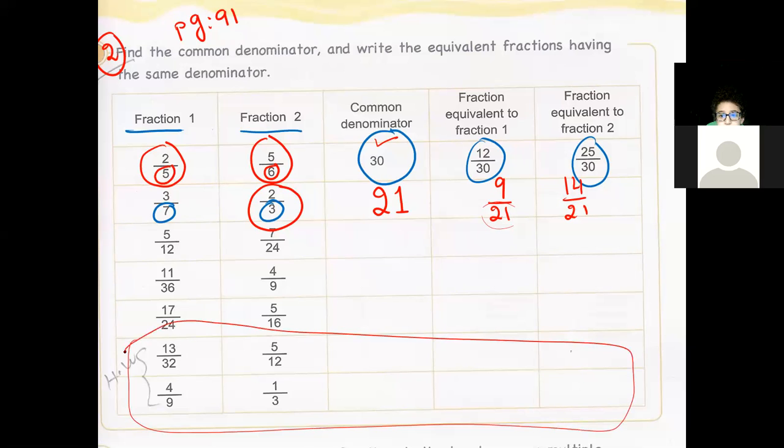Teacher, only these two homework? Yes, just two, it's so easy. Tomorrow we will continue because there is no more time. Bye, teacher.